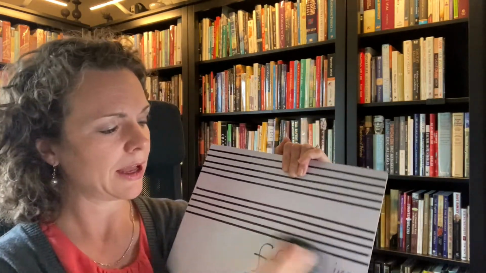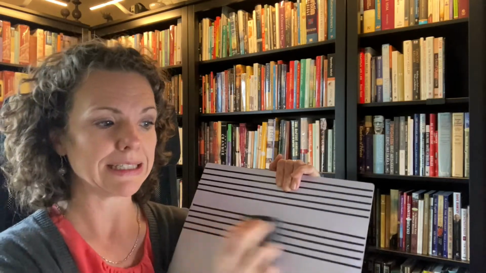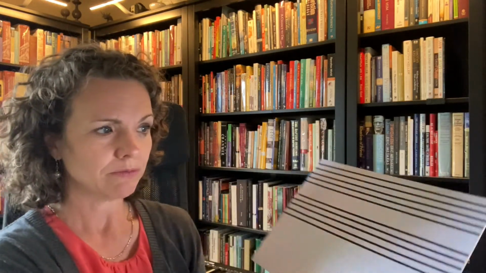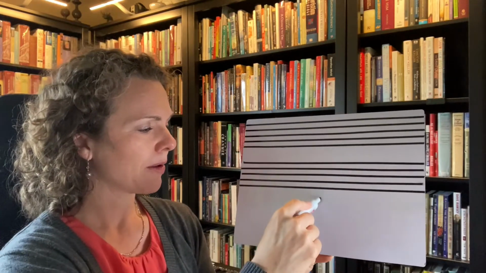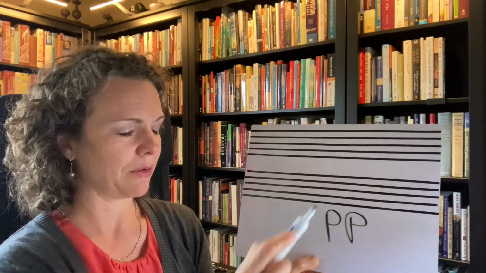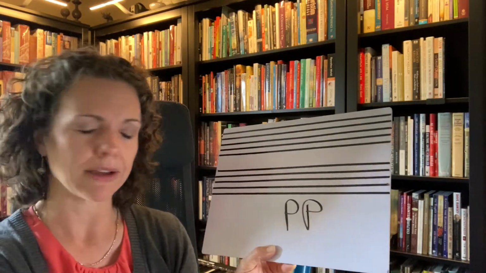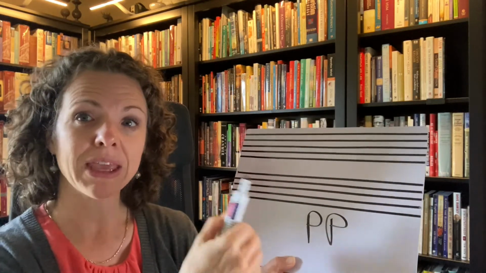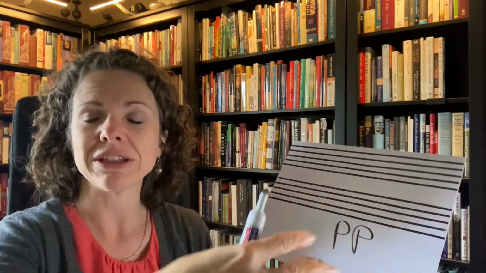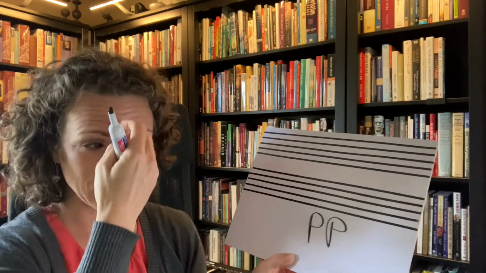Fortissimo, you can say with the short vowel I sound. Or pianissimo, very soft. So piano, we leave off the O and say pianissimo. Try saying it, pianissimo, okay?